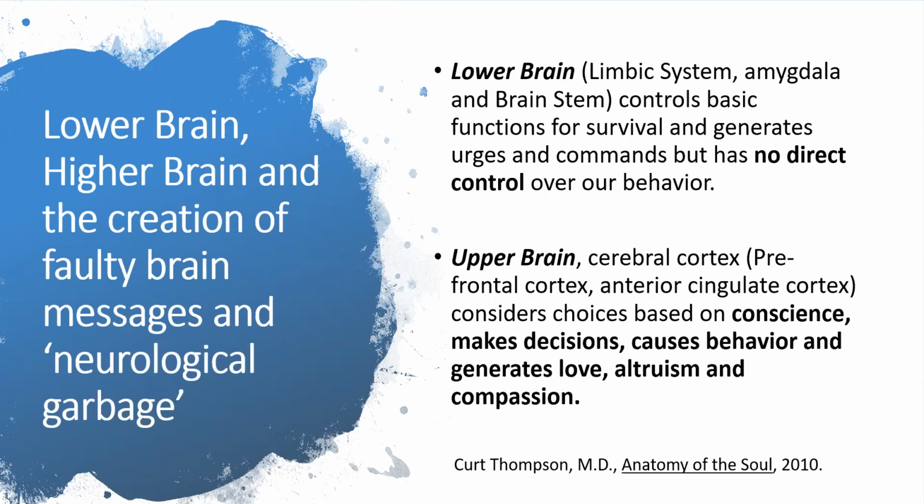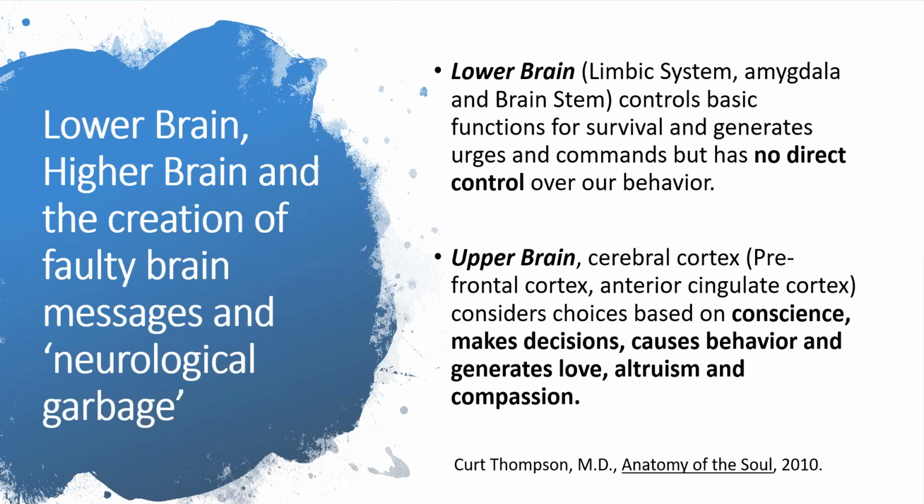And while it generates urges and commands for food, water, shelter, sexual activity for procreation, while it generates all of these basic functions for survival, it has no direct control over our behavior.